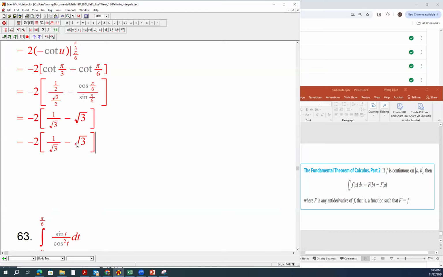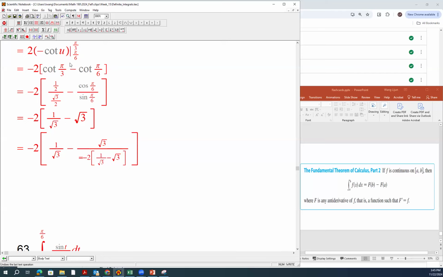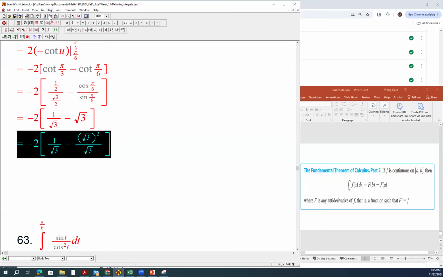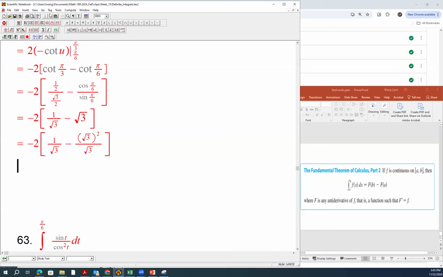We make a common denominator, root 3 and root 3 squared.